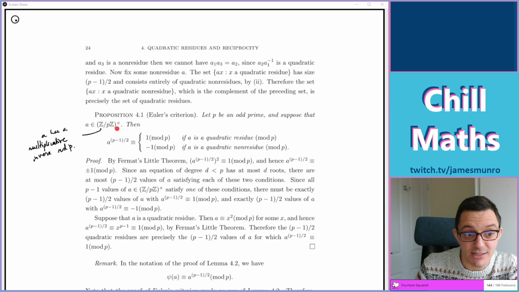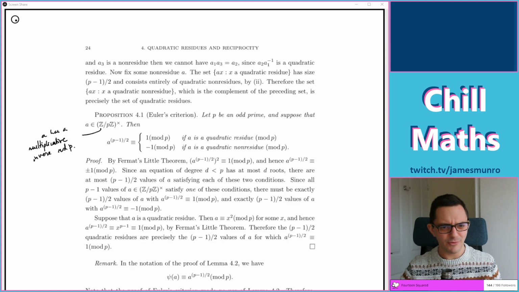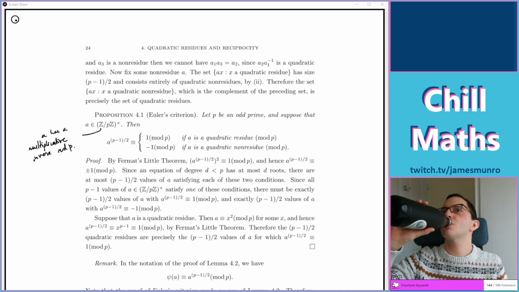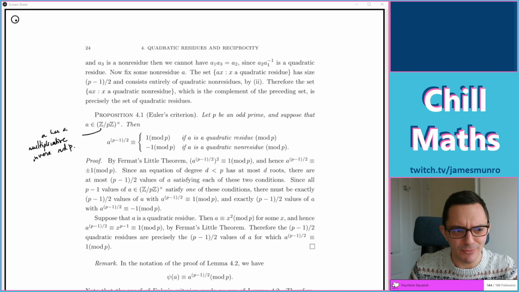This is the set of things that do have a multiplicative inverse. Hang on, P's prime, so that's all of them. A is not a multiple of P.